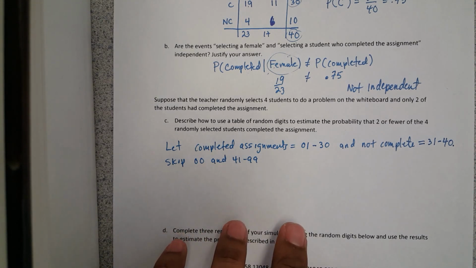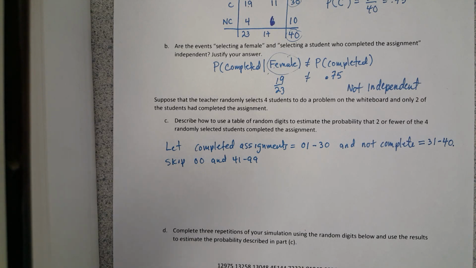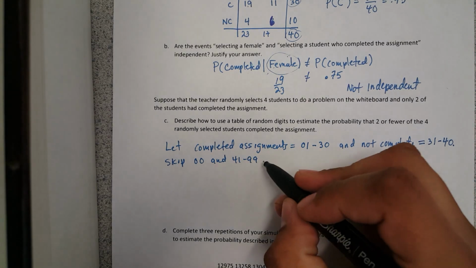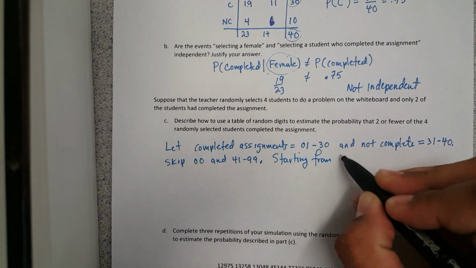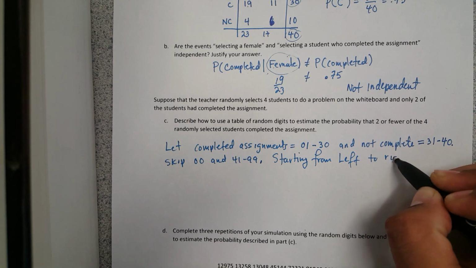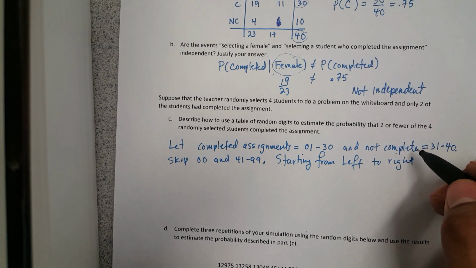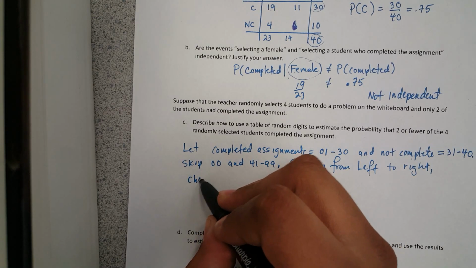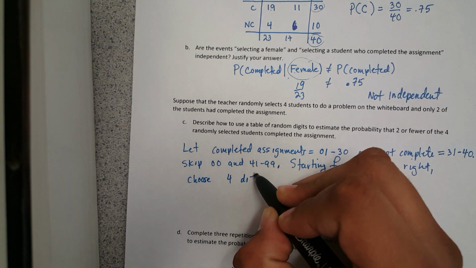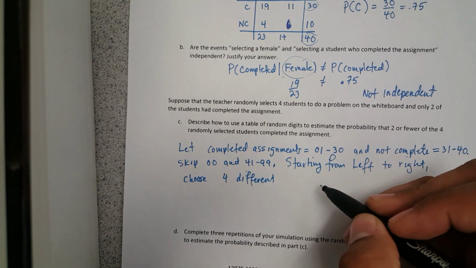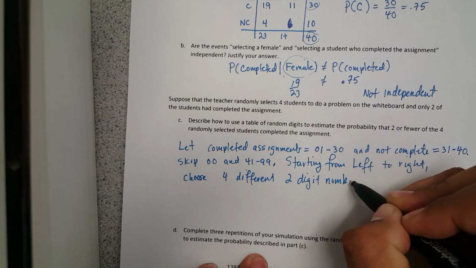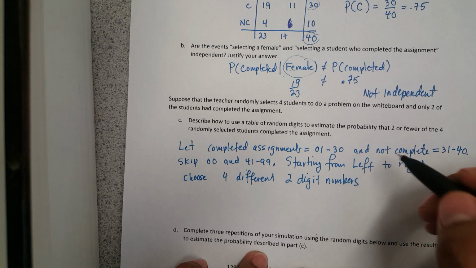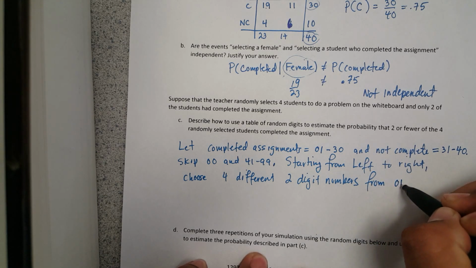All right, so now that we have it assigned, now we're going to describe and give an example of one. We're going to describe one example of how we're going to run through this, okay? So the first thing we're going to do is start from left to right, and choose 4 different, it's important we say different, two-digit numbers, and then we're going to choose them from 01 to 40.